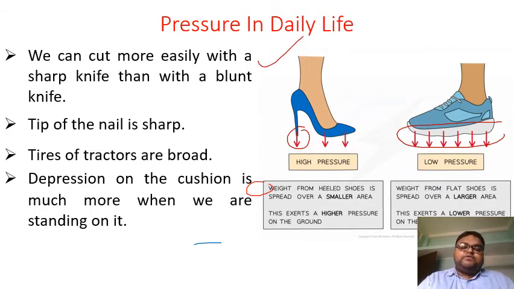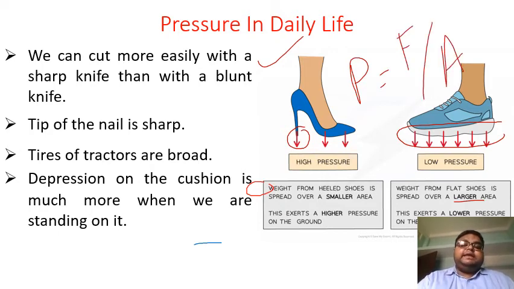See, the area of contact is small, right? And thus it exerts a higher pressure on the ground. But when you wear a shoe, the area of contact is larger. As a result, the pressure is lower. Always remember, students, pressure is defined as force per unit area, right?